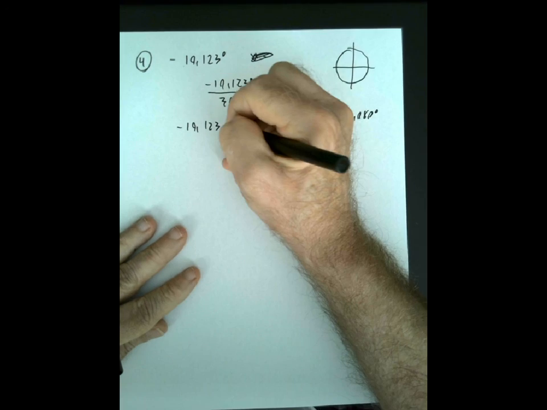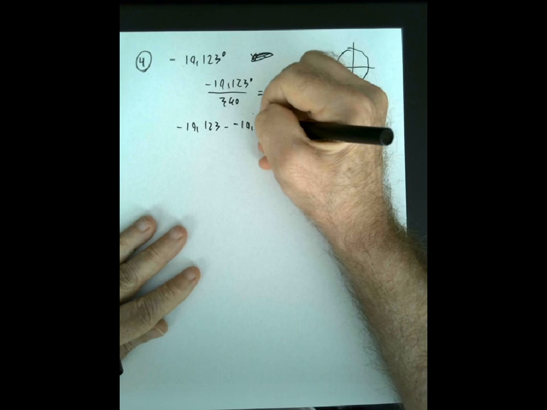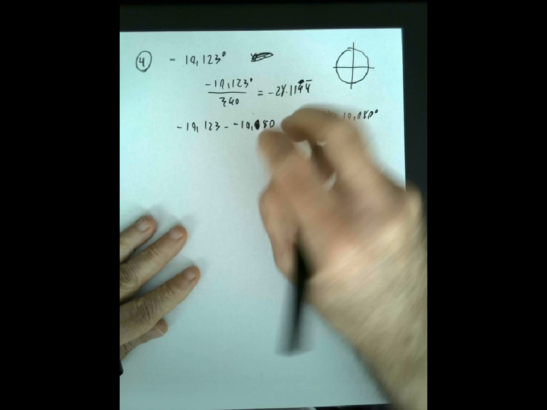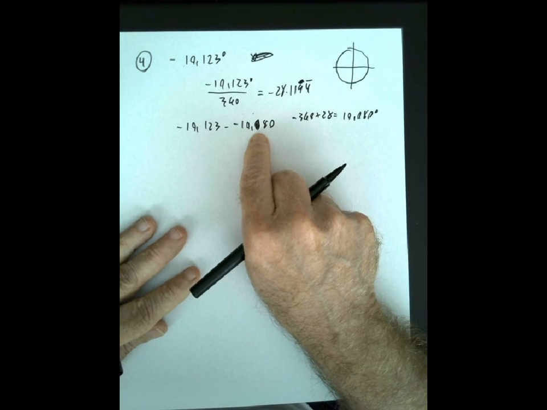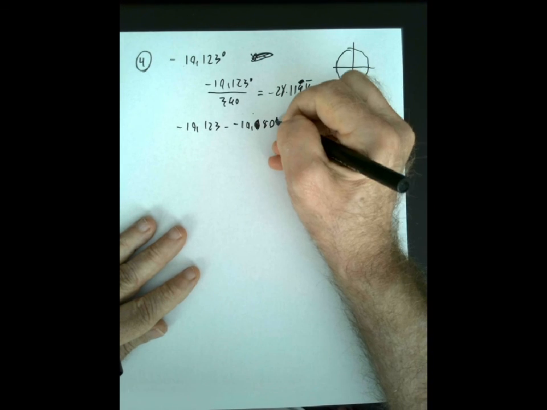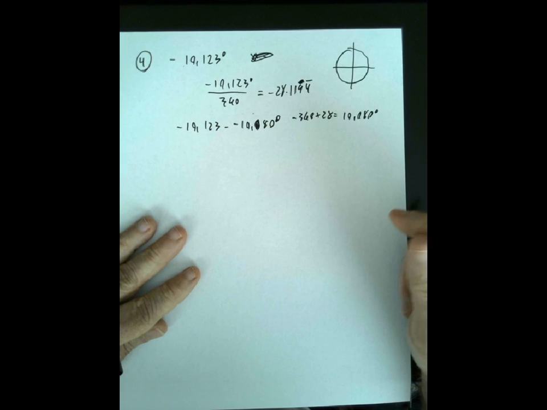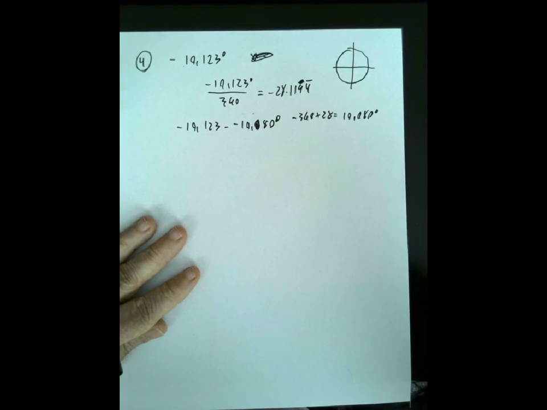So I'm going to subtract. What I'm doing is subtracting those 28 rotations off, which total 10,080 degrees. And whatever's left over tells us what quadrant the angle's in, okay?